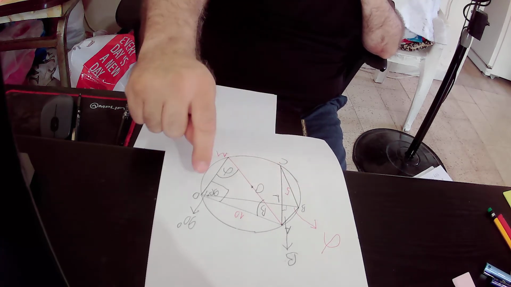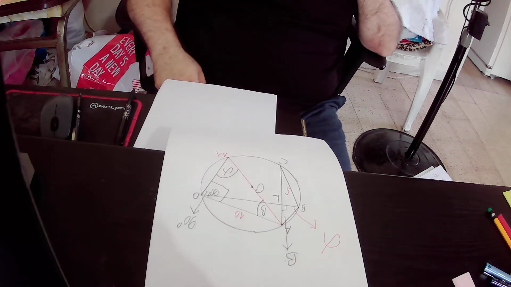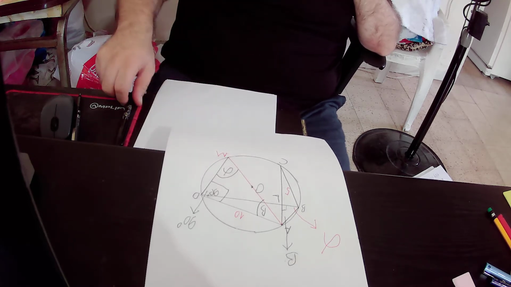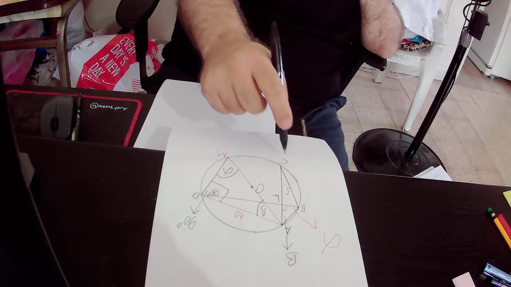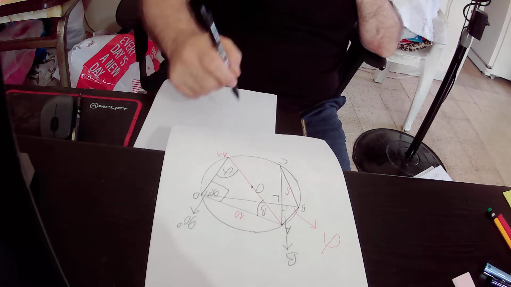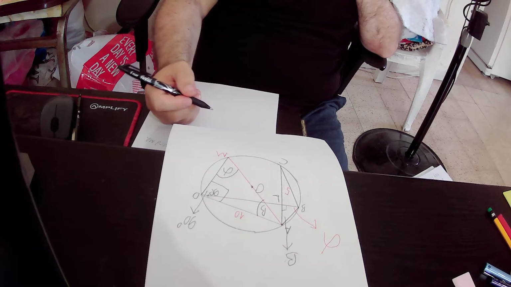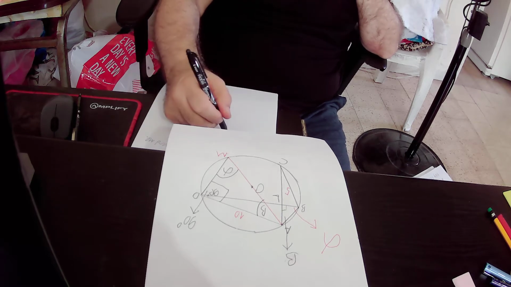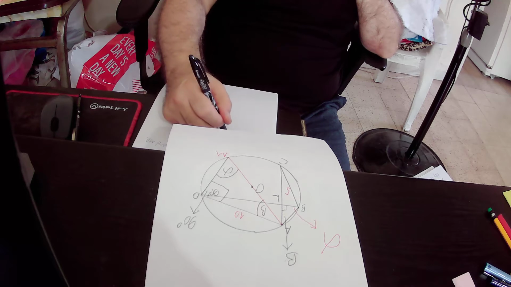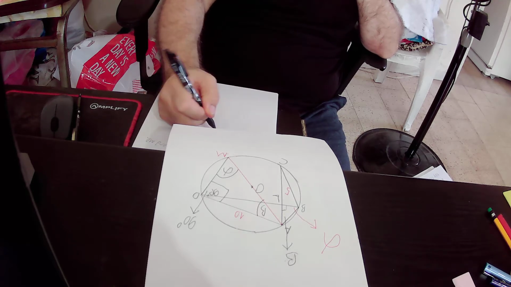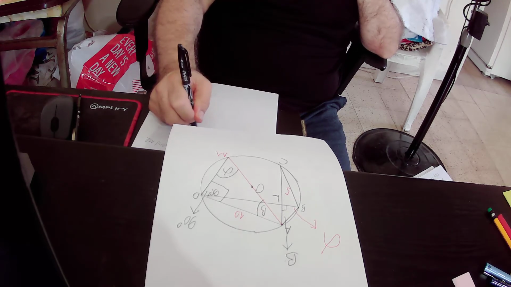BC equals MD. So we'll write down that according to rule number 3, BC equals MD.